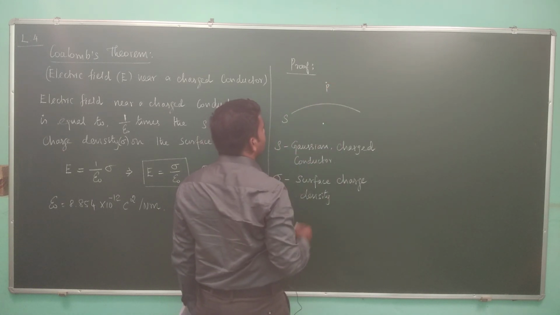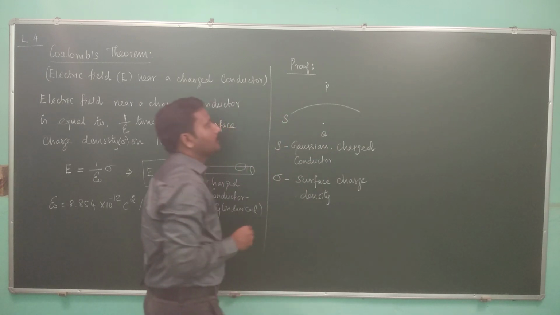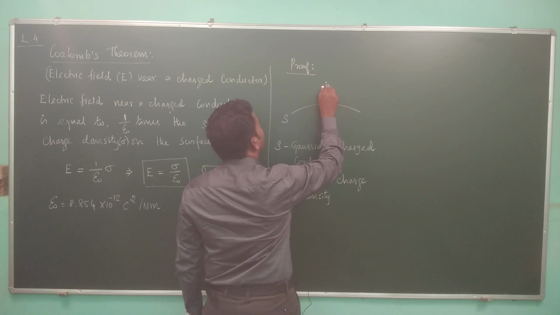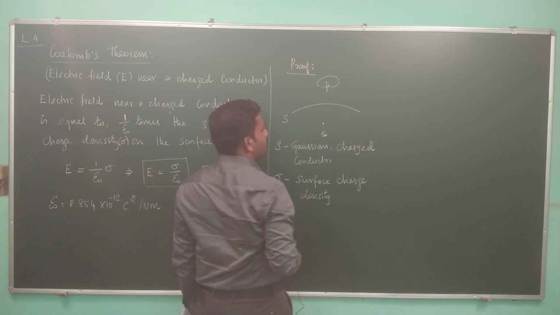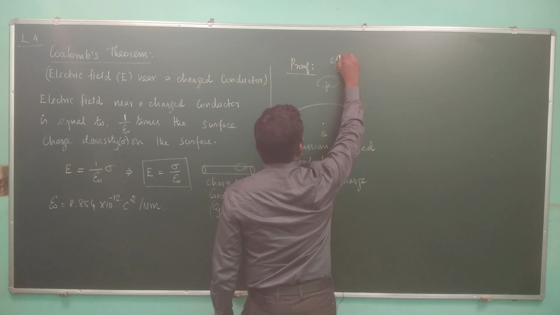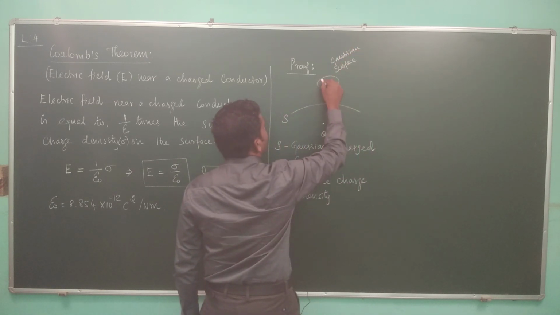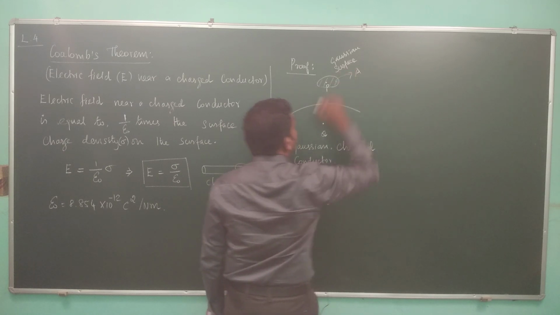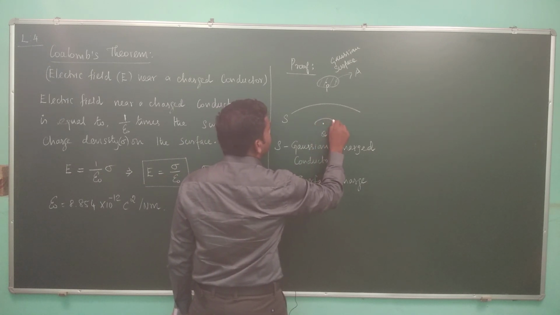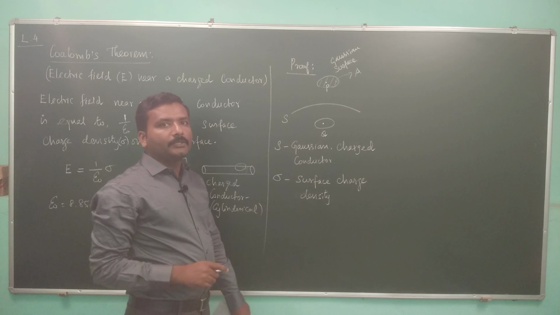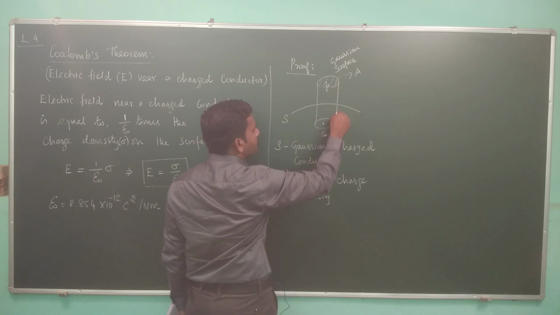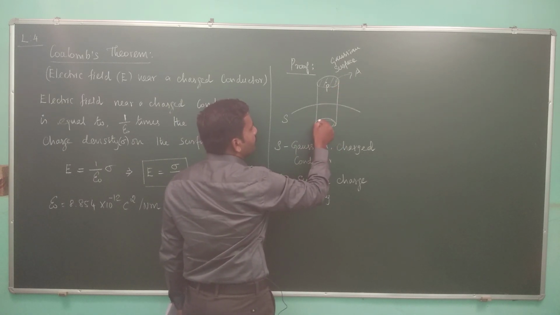Let me denote this point as P and this point as Q. Now let me consider a surface, which is also a Gaussian surface, whose cross-sectional area would be capital A. Let us consider a similar surface at the point Q. If we join these two surfaces, we would have a cylinder.